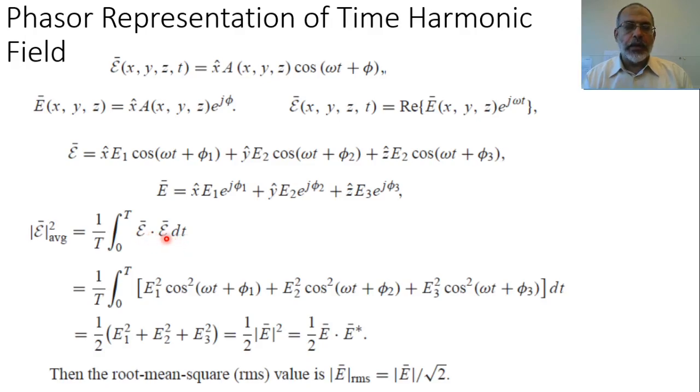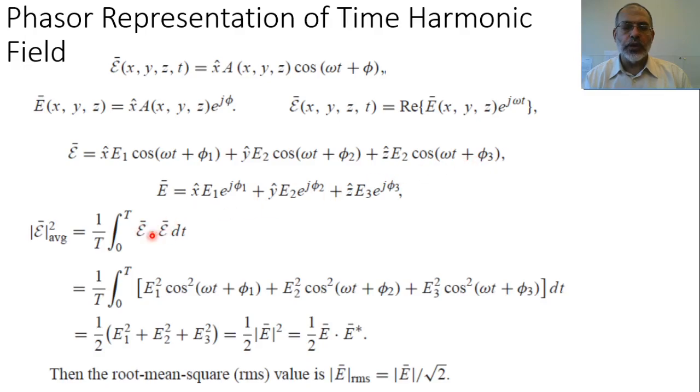By taking the dot product, the x component would be multiplied by itself, so it would be E1 squared cosine squared omega t plus phi 1. The y component would be multiplied by itself, so E2 squared cosine squared omega t plus phi 2, plus E3 squared cosine squared omega t plus phi 3.